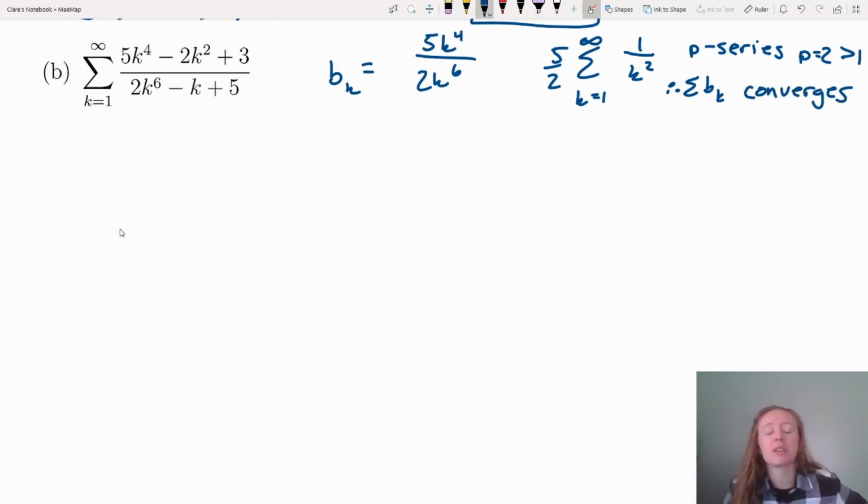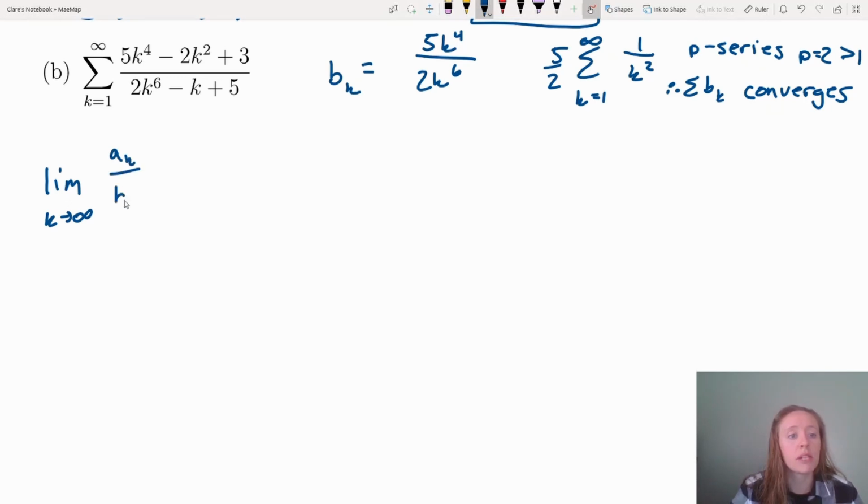So again, since I showed that it's kind of hard to actually compare those two, let's jump into that limit comparison test. So I'm going to take the limit as k approaches infinity of a sub k over b sub k.